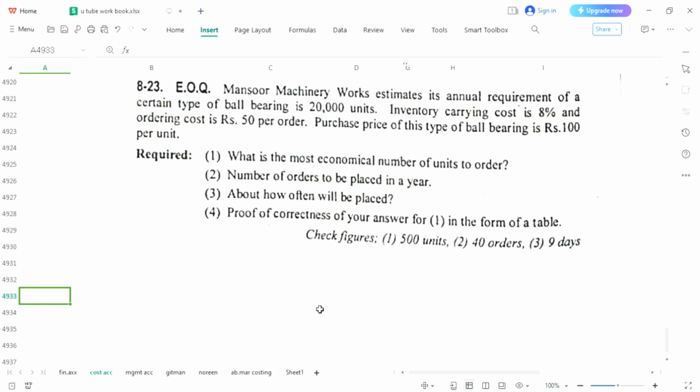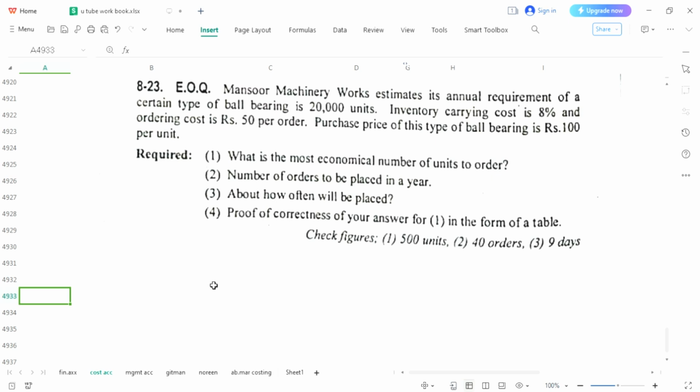And requirement number 4 is also to prove it, that if you are calculating your number of units to be ordered through economic order quantity, you will have to prove it. If you order less than the economic order quantity or more than the economic order quantity, you will fail to get maximum level of financial benefit.